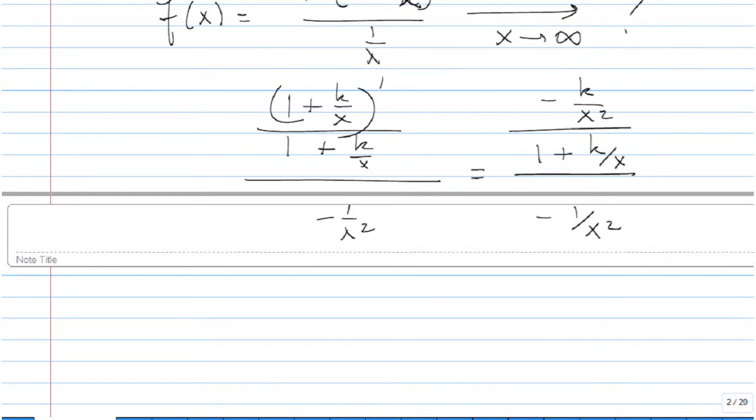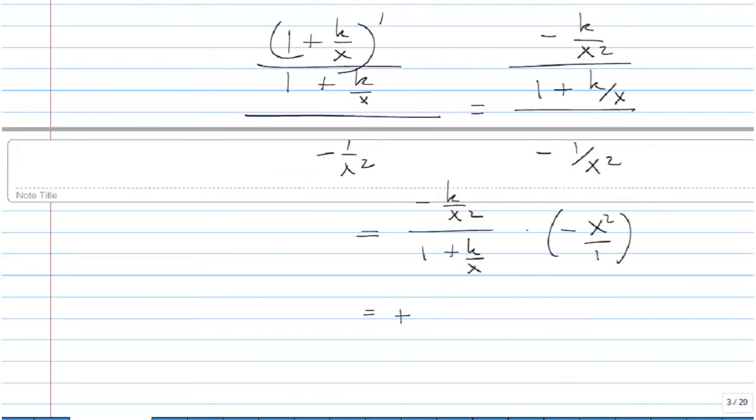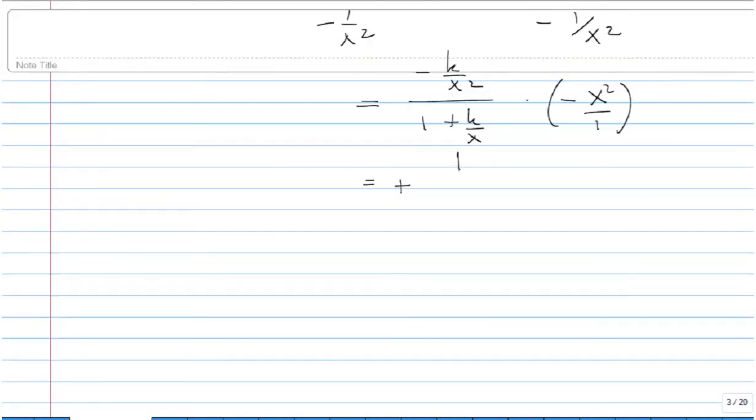So we're looking at some algebra here. We have a fraction on the top times a fraction at the bottom, so it becomes (minus k over x squared) over (1 + k/x), this is the top fraction, times (minus x squared) over 1. So minus times minus is plus. We have (k over x squared) over (1 + k/x) times x squared.